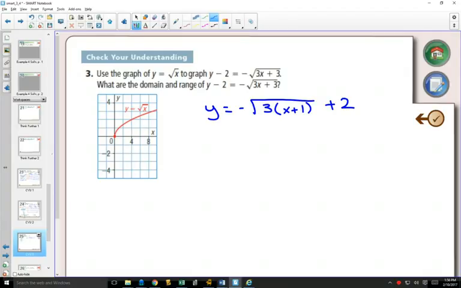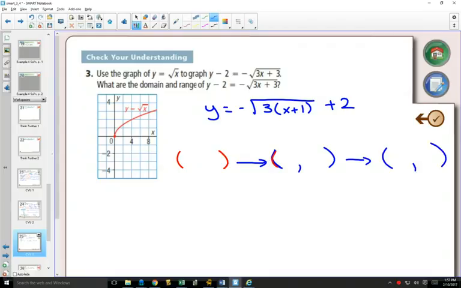So we know that we're going to multiply x by 1/3. We have our original points, then we do all of our stretches and compressions, and then we're going to do all of our translations. So the first thing, what do we have?